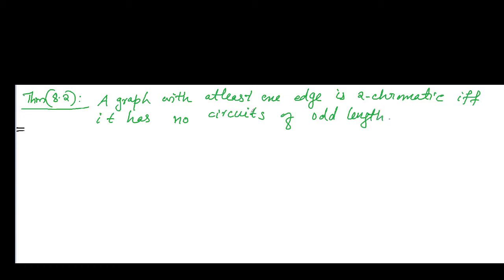A graph with at least one edge is 2 chromatic if and only if it has no circuit of odd length. If there is a circuit with odd length, you can see that it is trichromatic. Okay, now we can consider the proof.